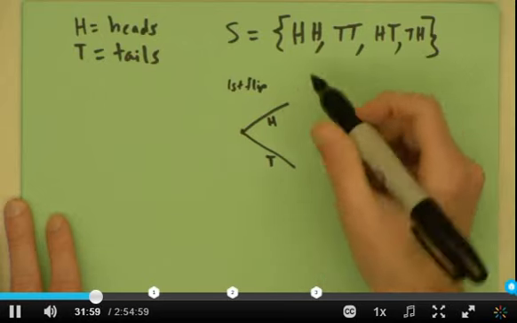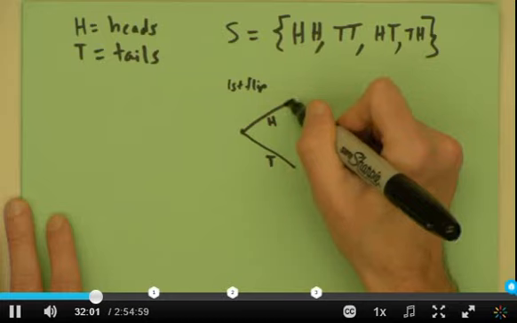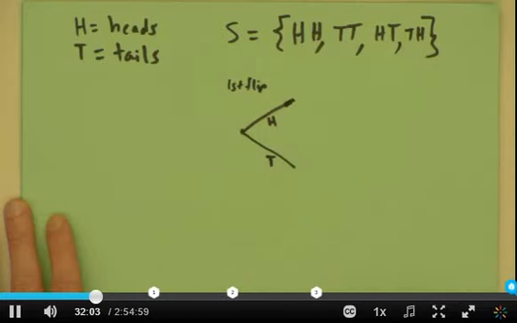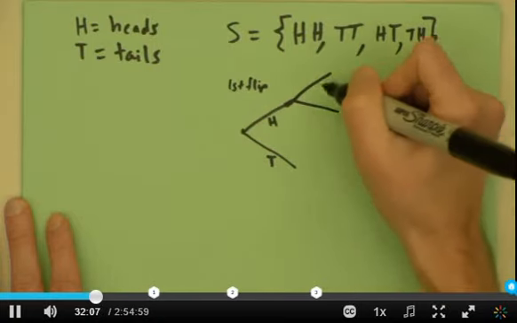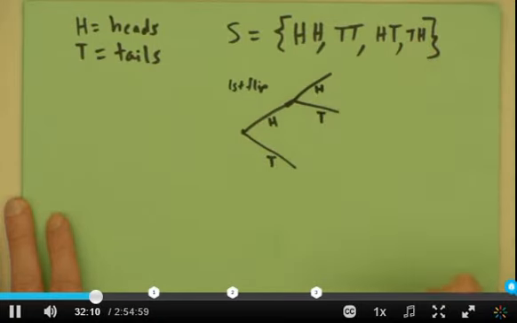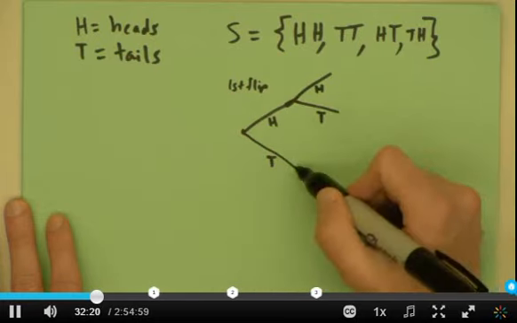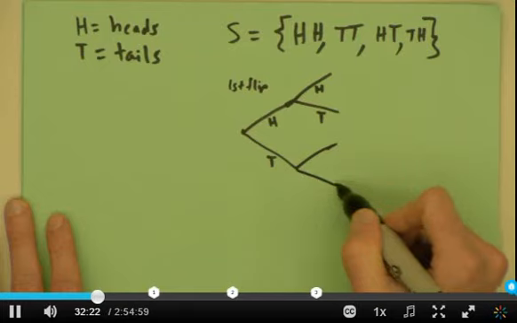Well, then what are the possibilities for the second toss? Heads or tails? So again, I will split here in 2 directions with heads and tails. Well, what if I'd gotten tails on the first toss? Next one could be heads or tails.